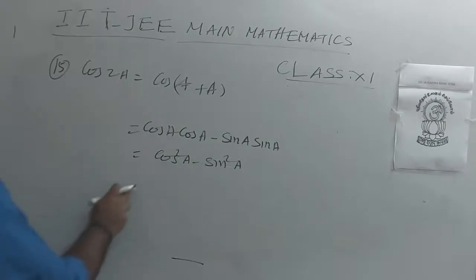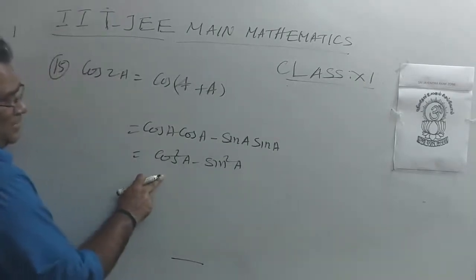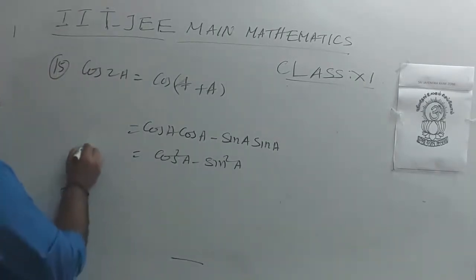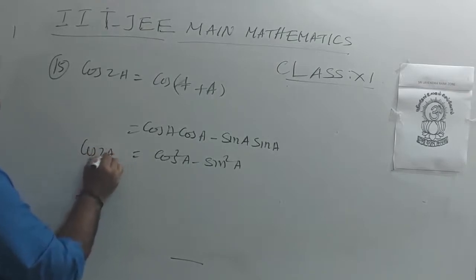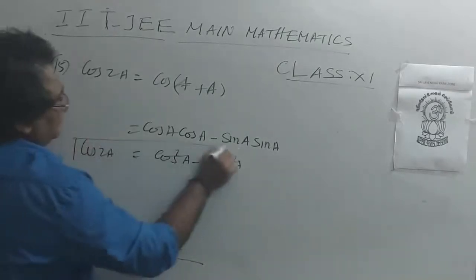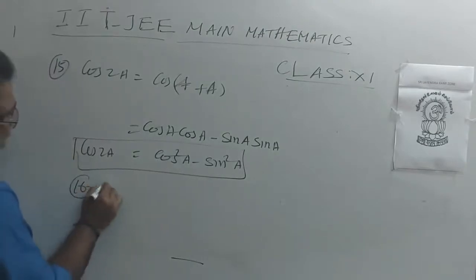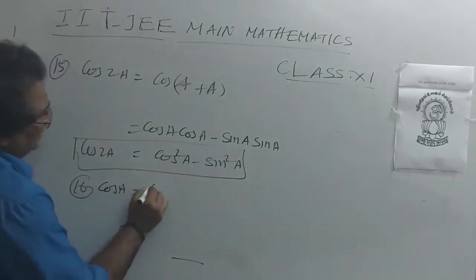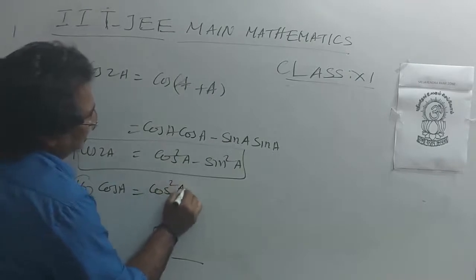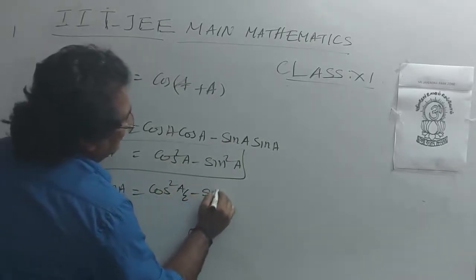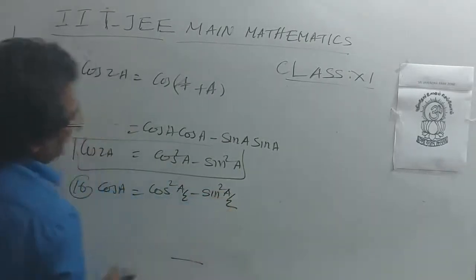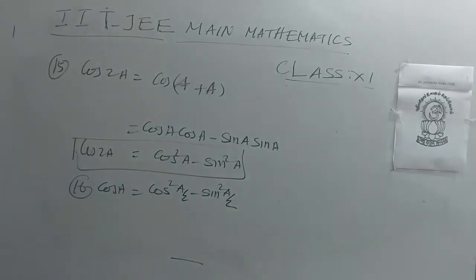So in place of cos squared a you can write 1 minus sin squared a. From this, dividing the angle by 2 on both sides, cos a equal to cos squared a by 2 minus sin squared a by 2.